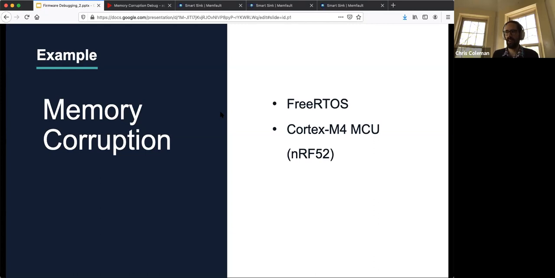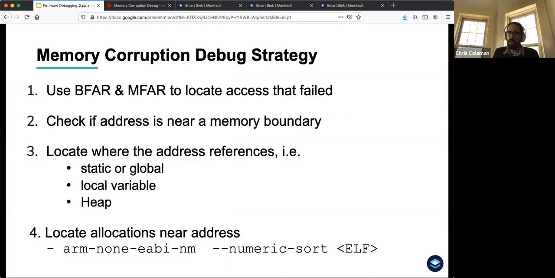And so what I have here, and we'll go through now, is a couple examples of that running on a very simple application using FreeRTOS on a Cortex-M MCU. And so when memory corruption takes place, there's 4 steps I usually like to look at.